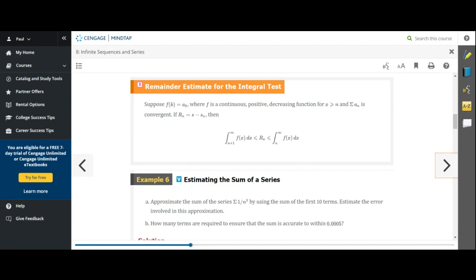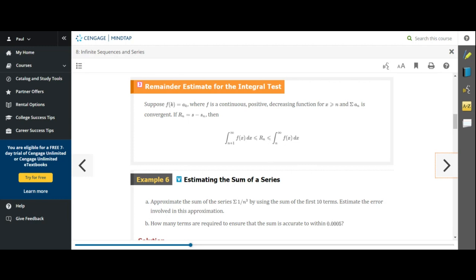What really is important is the upper bound, because that tells us how large the error for our approximation could be. The integral from n to infinity of f of x dx gives us an upper bound on our remainder or error of our series approximation based on adding n terms of the series.